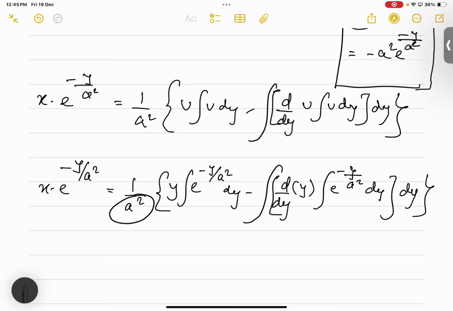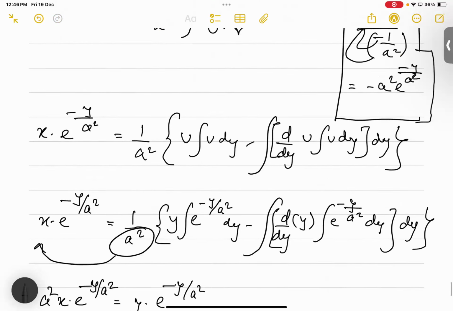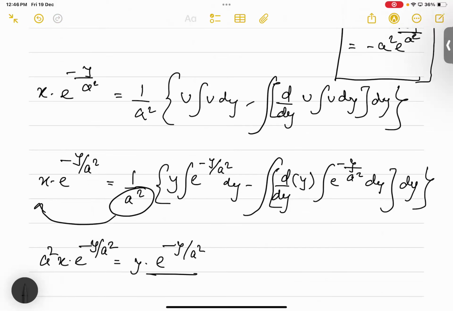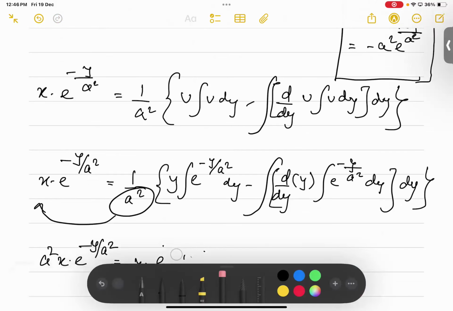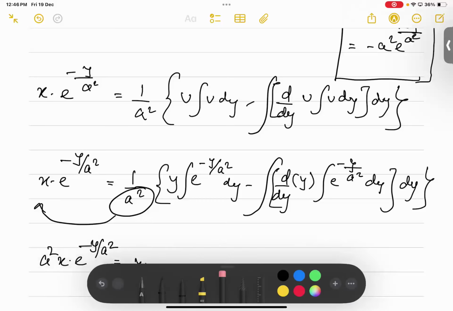I'll take this a square on the left hand side. There is no need to write that bracket again and again. Okay, this we did, its integration. You guys copied that?